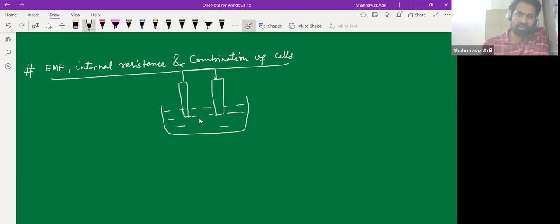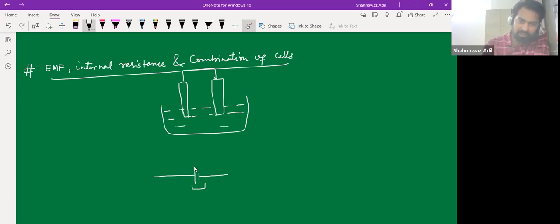In chemistry, you will learn about the voltaic cell and all these cells, like the Daniell cell, in electrochemistry. This cell will give you some EMF.